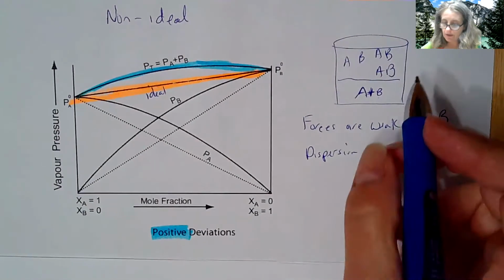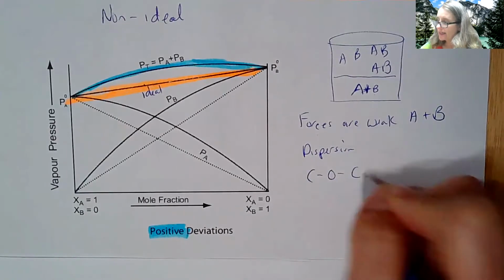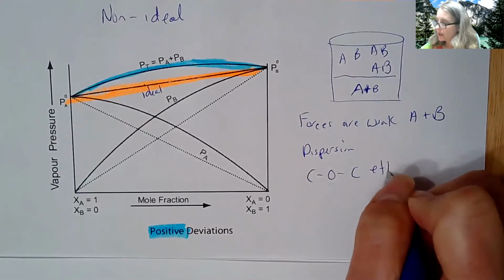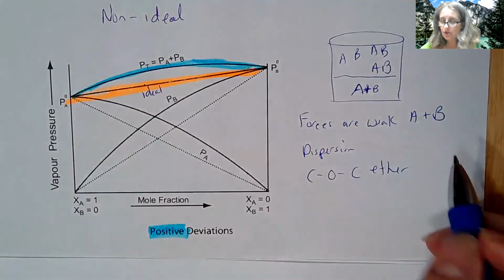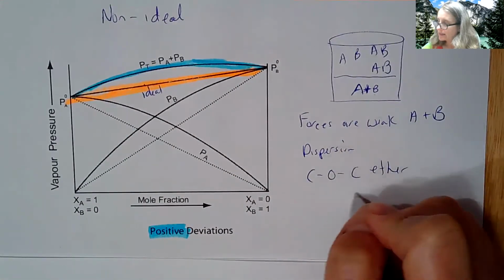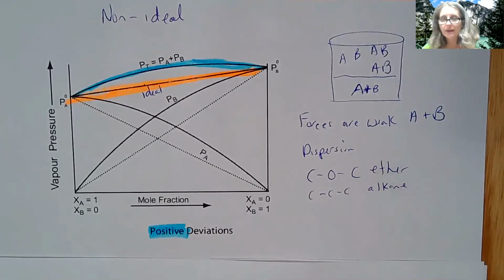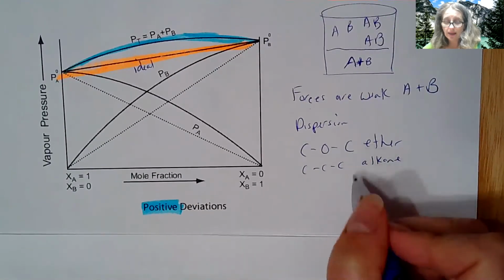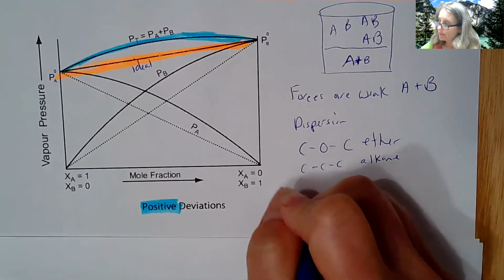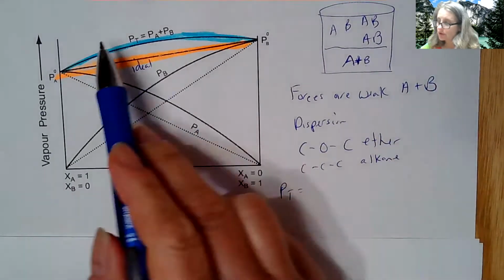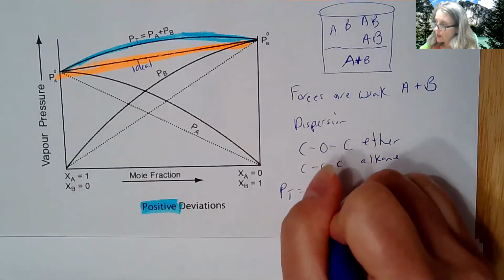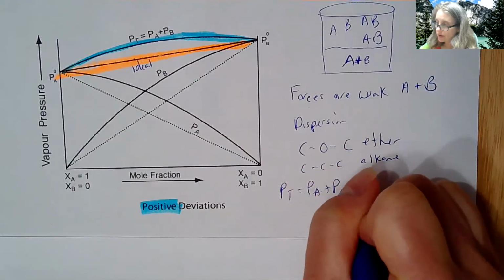Let's say, for example, I had an ether, which is an oxygen between two carbons, and some kind of alkane, where it's just a single-bonded molecule, and I mix them together. Well, I would find the total pressure, so again, it would be the pressure due to A plus the pressure of B.